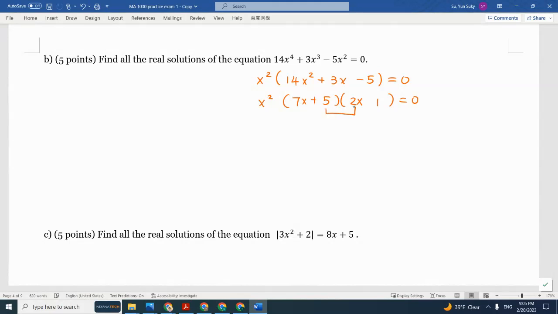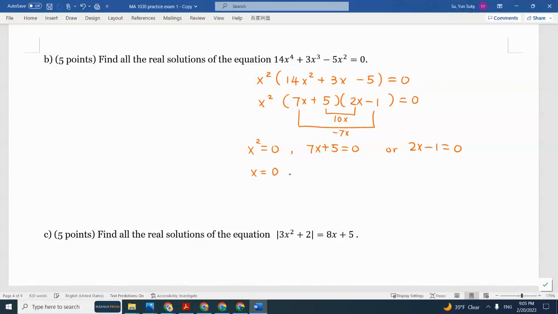Yeah, 5 times 2x is 10x. And 7x times minus 1 is negative 7x. So when we add them together, we get 3x in the middle. So this is how we factor it. Now set each factor equal to 0 and solve for x.